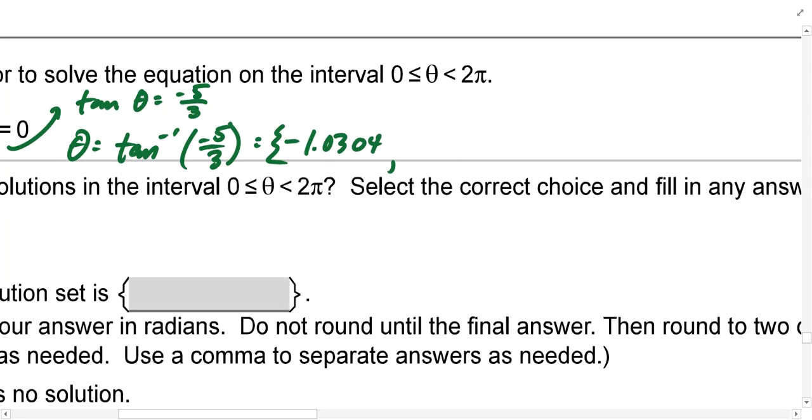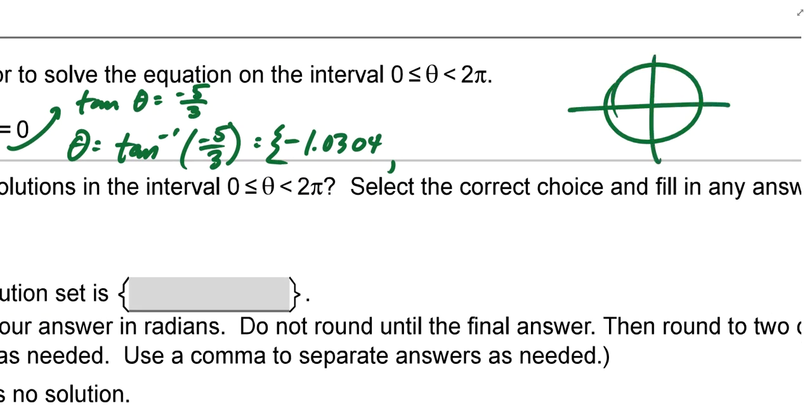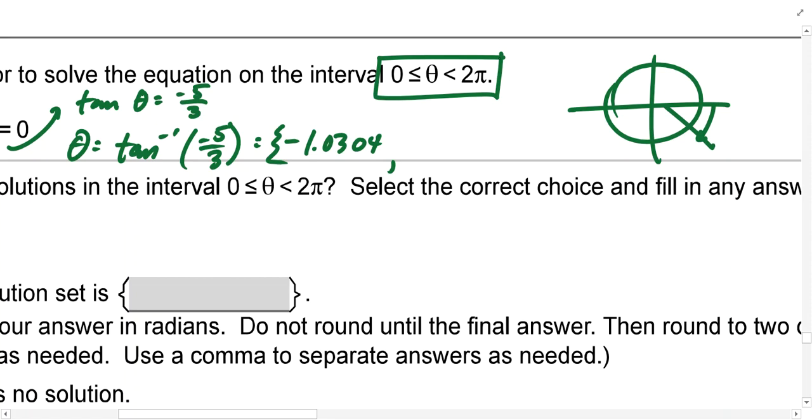And again, that's not the only solution inside of our unit circle. In fact, that solution isn't even in our unit circle. This angle measure, negative 1.03, is talking about a clockwise rotation to a position, and negative 1.03 doesn't even exist inside this unit circle.